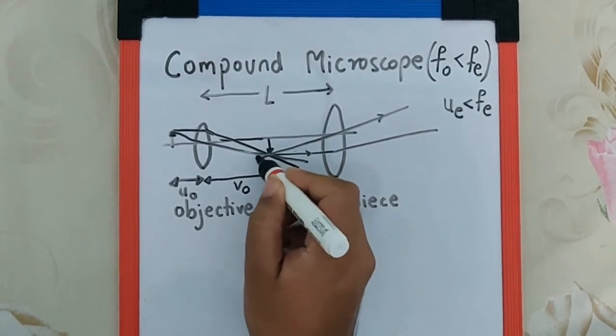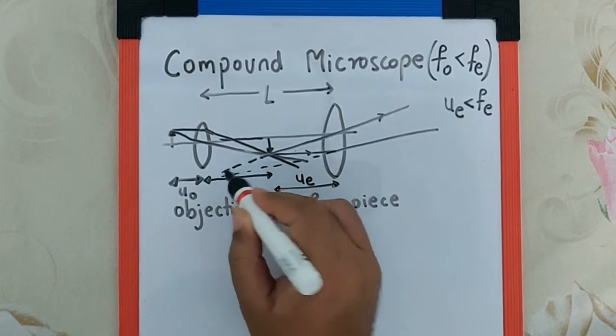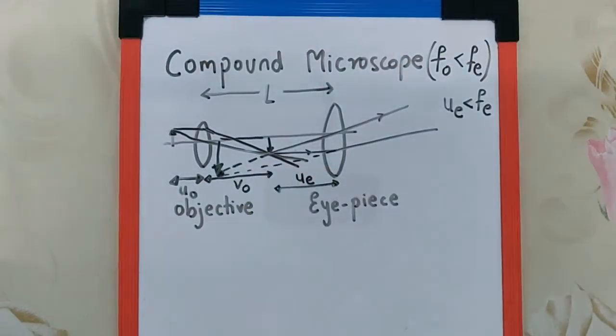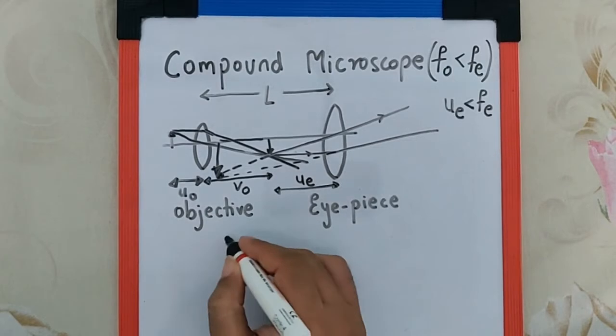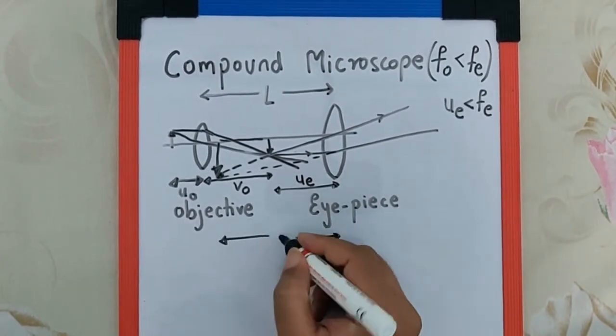If we extend these rays in the opposite direction, the rays will merge somewhere over here and we get the final image at this point, which is the final image distance, called VE.